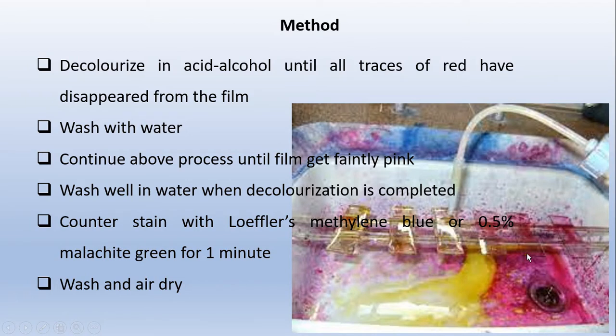Wash with water. Then continue the above process until the film gets faintly pink. Wash well in water when decolorization is completed. Counterstain with methylene blue or 0.5% malachite green for 1 minute. Then wash and air dry.